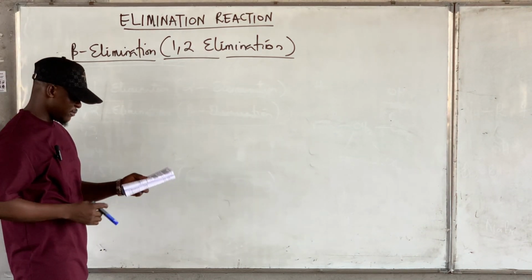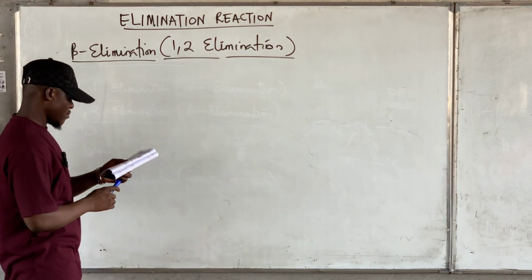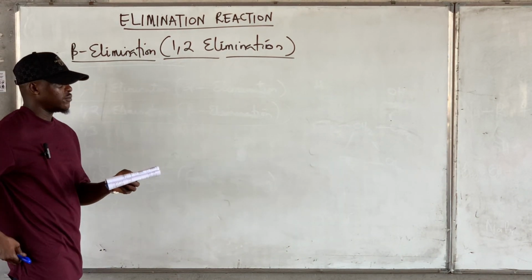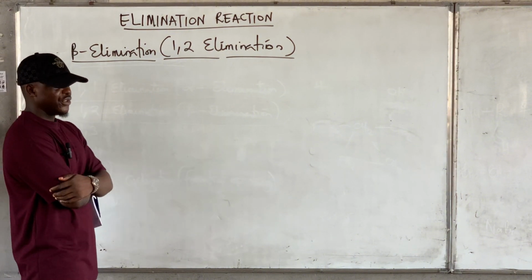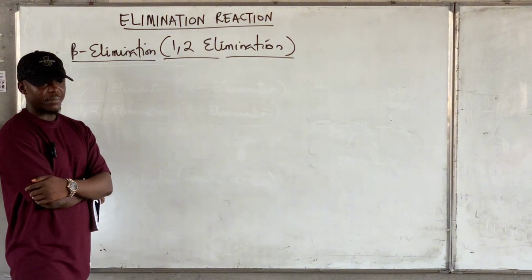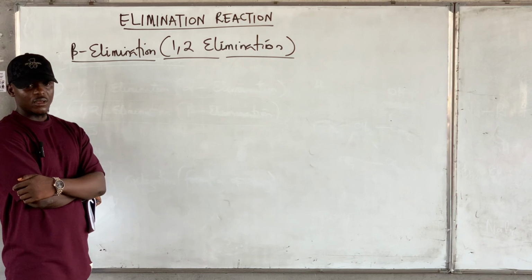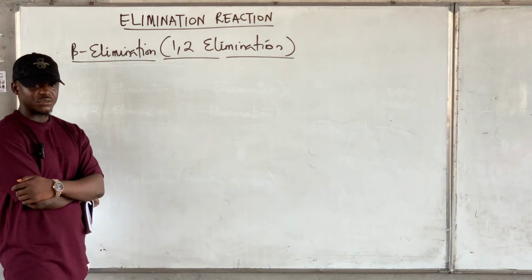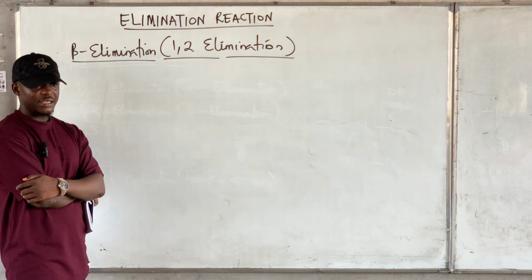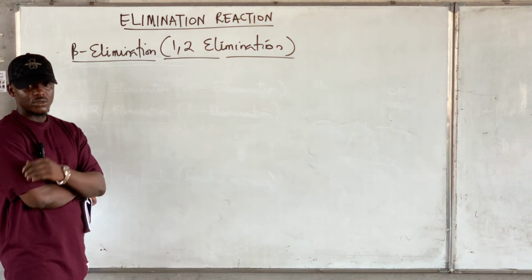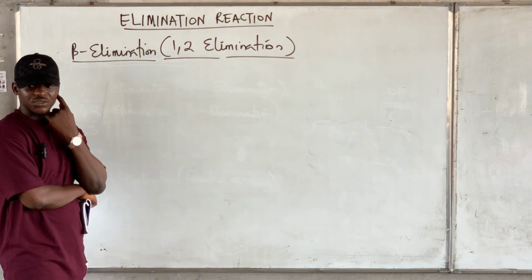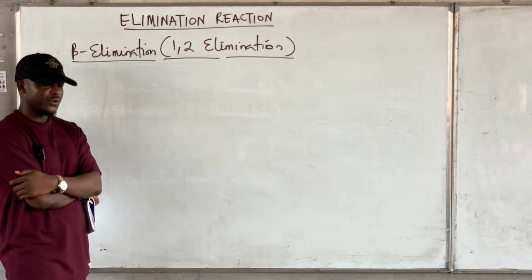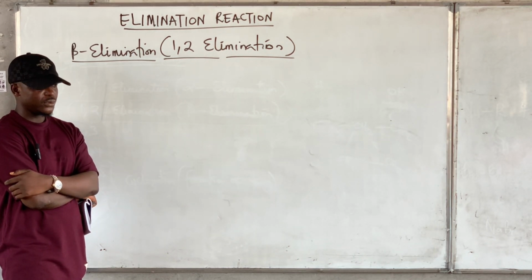Now, the product of beta elimination is always formation of a new pi bond, that is, a double bond or triple bond where necessary.